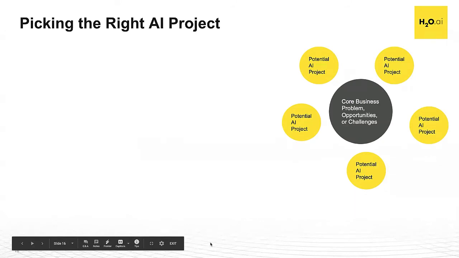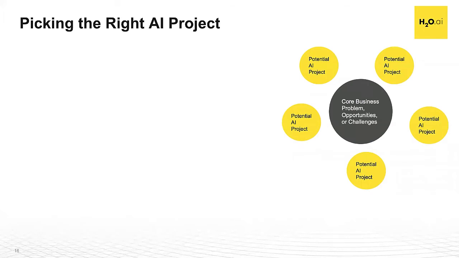All right. So when we talk about potential AI projects, they really should be oriented around your core business problem, or an opportunity that you have, or some sort of challenge.